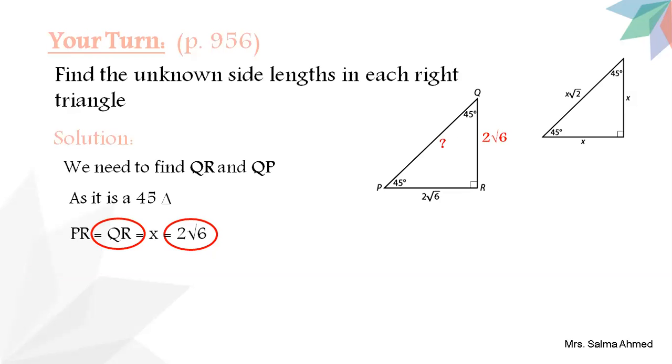Now I need to find the hypotenuse, which is QP. QP equals x root 2 from the rule. The x we get from the previous step, which is 2 root 6, times root 2. By using your calculator, you will find it's 4 root 3. So QP is 4 root 3. This is the hypotenuse for this triangle.